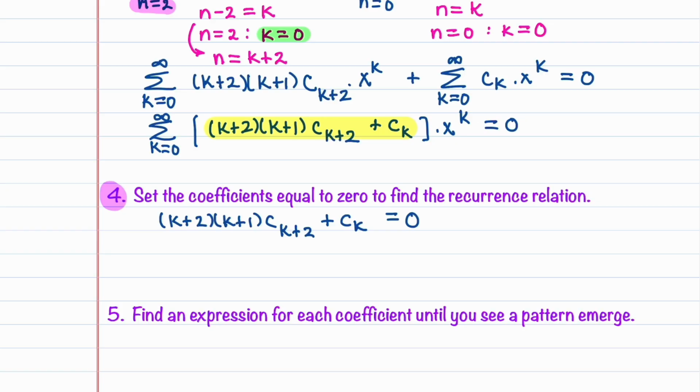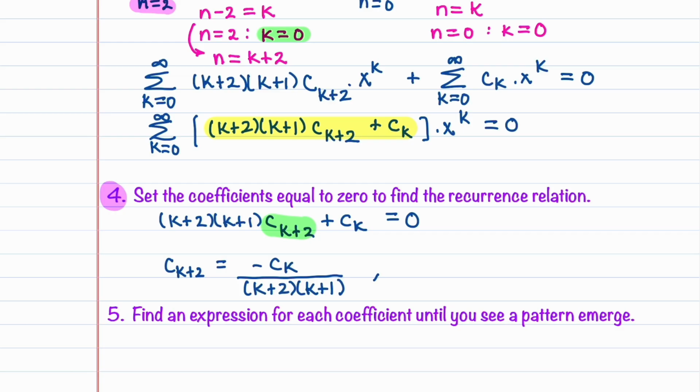You always want to solve for the coefficient with the higher index. That's this coefficient right here. So we have c sub k plus 2 is equal to minus c sub k, all divided by k plus 2 times k plus 1.